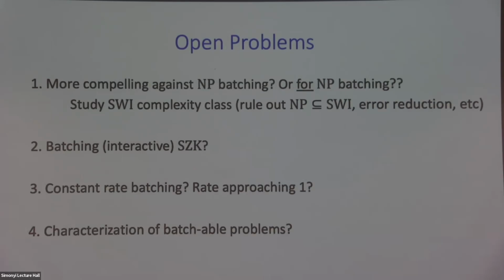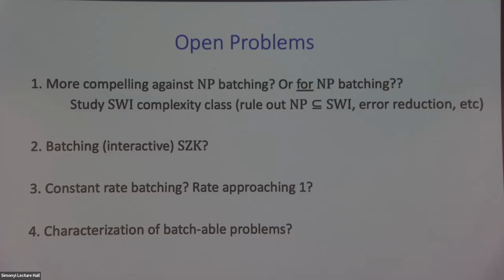So just to conclude with open problems, I think we said most of them during the talk. I think more compelling evidence against NP batching would be extremely valuable. In particular, can we rule out statistical WI for NP? It seems very plausible and I should be able to say something, but I have not been able to. Then there's this question of batching interactive SZK, which I don't know how to solve.